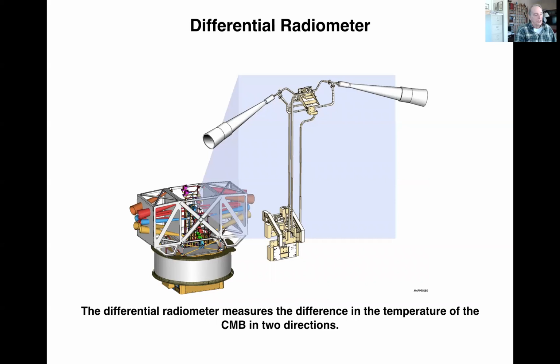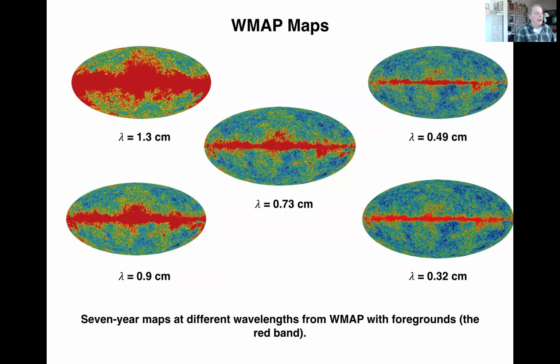And as the satellite slowly rotated and orbited about the sun, they were able to do a complete sky scan. And from these differences in temperatures, we're able to construct a map of the structure of the CMB.